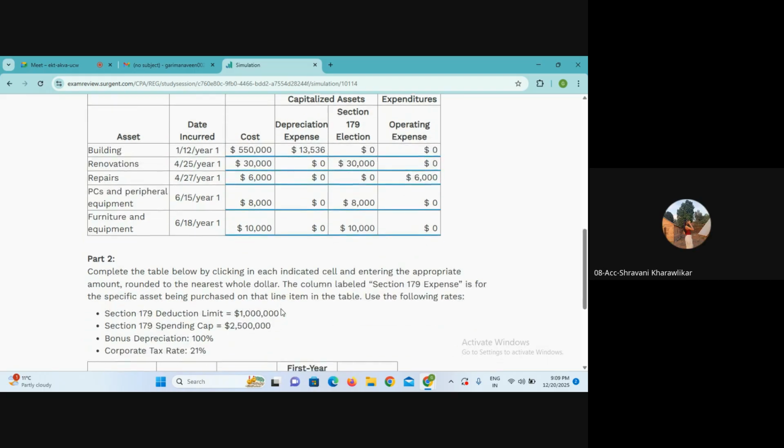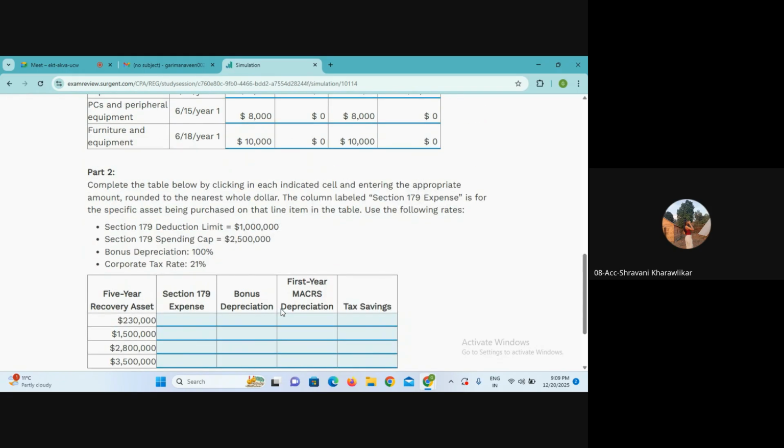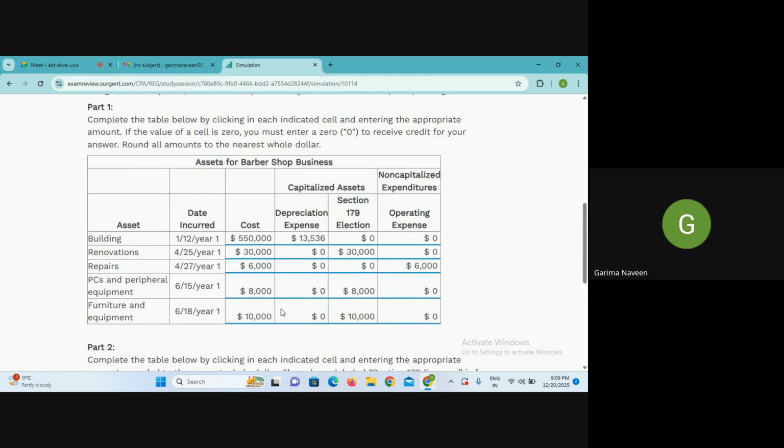Ma'am, if it would be year 2, then we would not be able to claim 179, right? So that we would be able to depreciate it. So then it would go in the depreciation expense. Yes. For basically 179 election, 179 expenses can be taken in the year in which you are putting the asset into use.